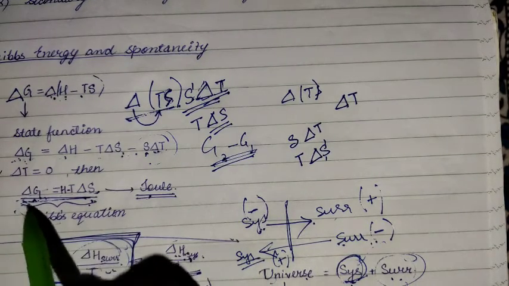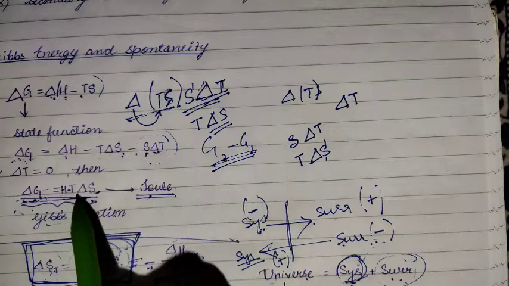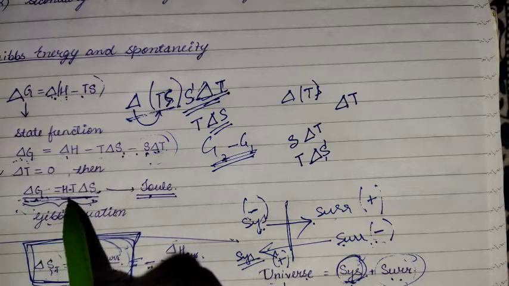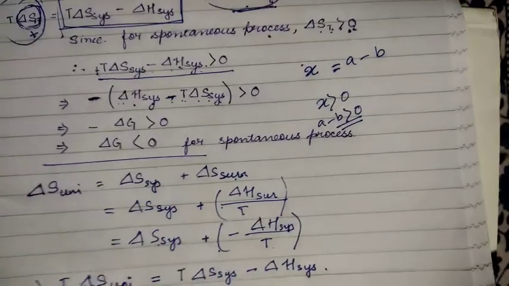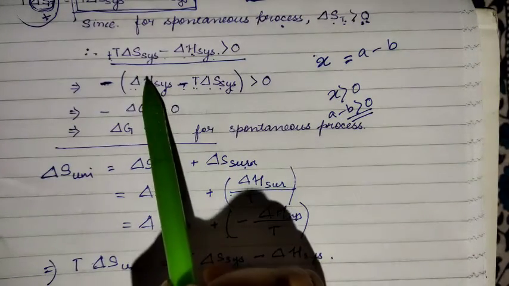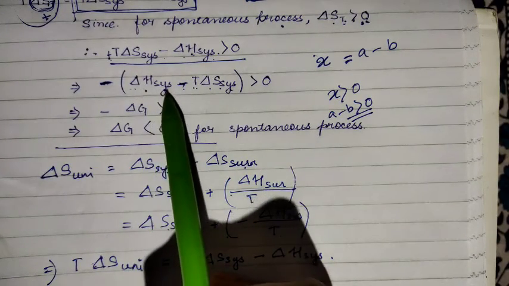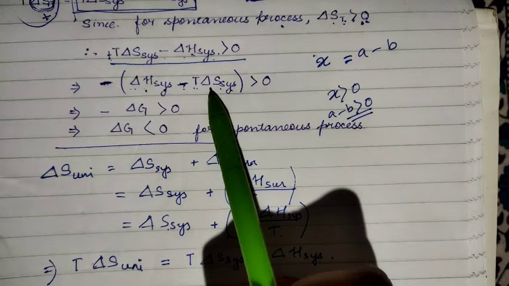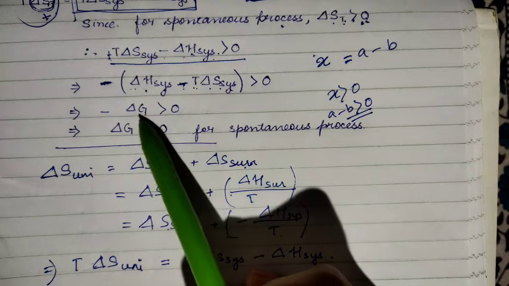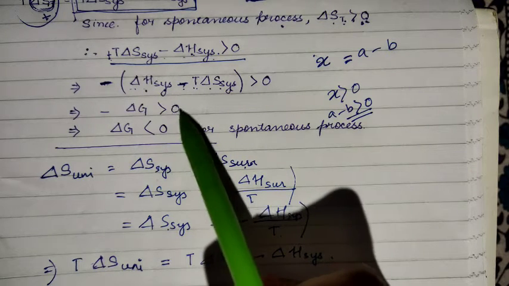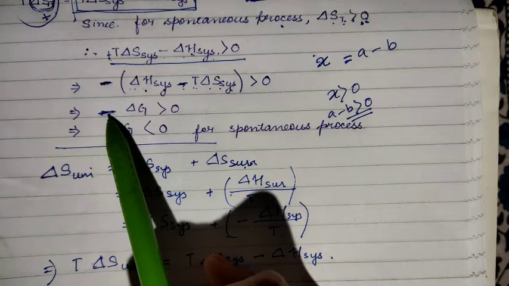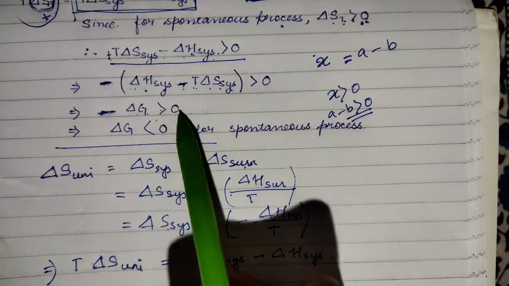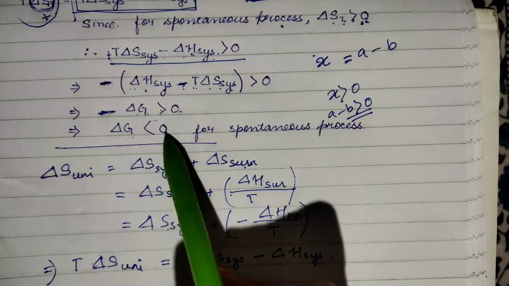So we have got H minus T delta S, which is equal to the Gibbs energy. Now in place of delta H system minus T delta S system, we can put delta G system greater than 0. There is a minus here, don't forget. So if minus delta G is greater than 0, then delta G should be less than 0.